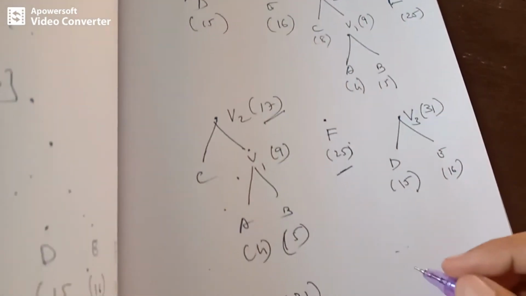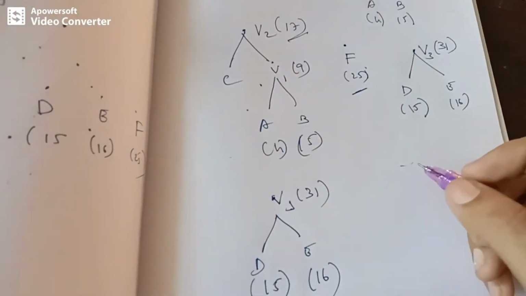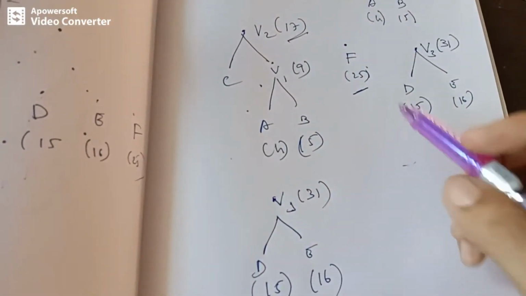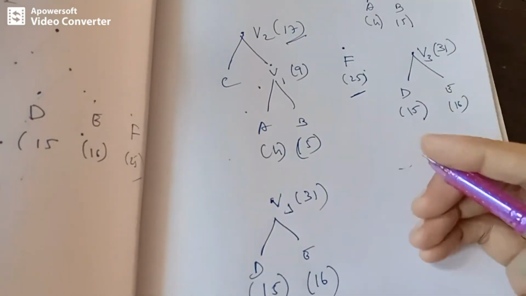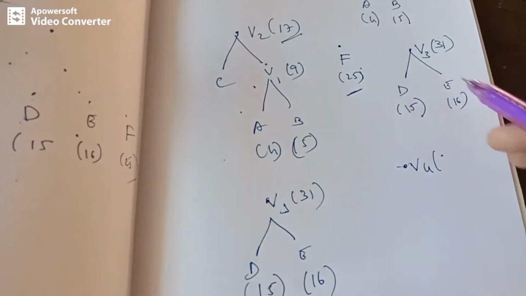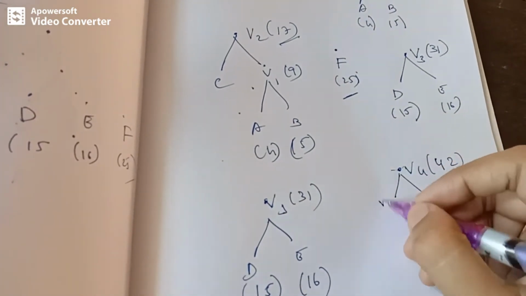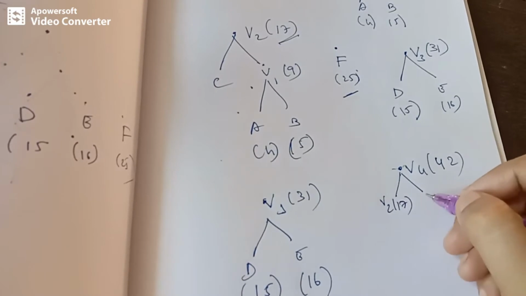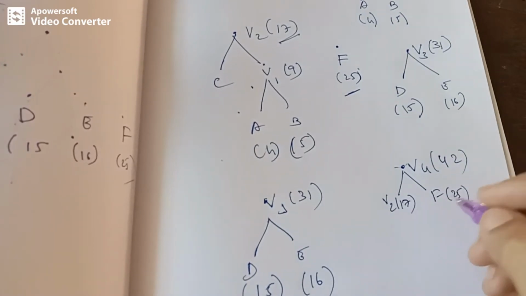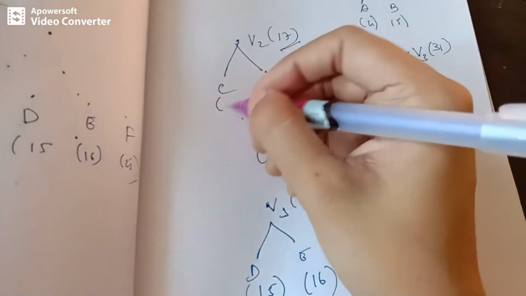I have already given the procedure; now I am just showing you how to arrange them and how to get a tree. So I am placing this over here. Next will be the vertex V4, which is the sum of 17 plus 25, which is 42, and its children are V2, which has weight 17, and F, which has 25. Next is its own tree.